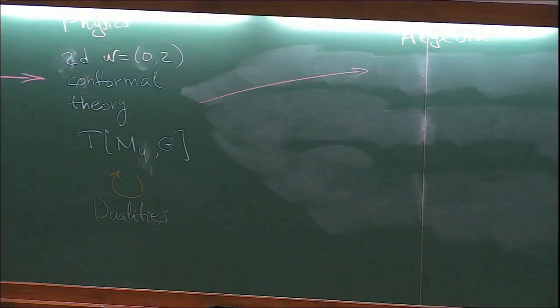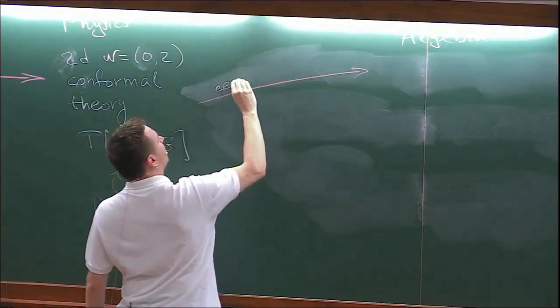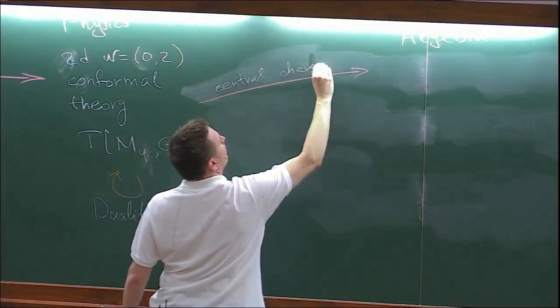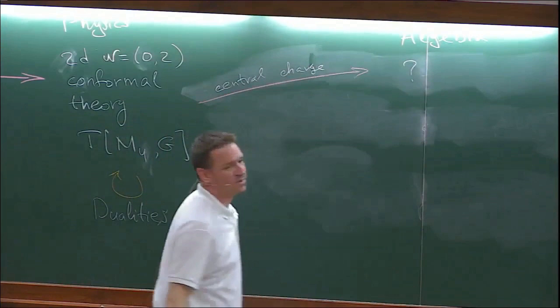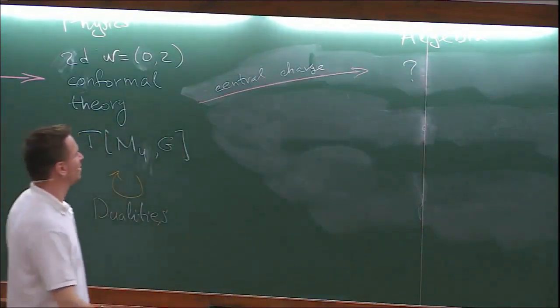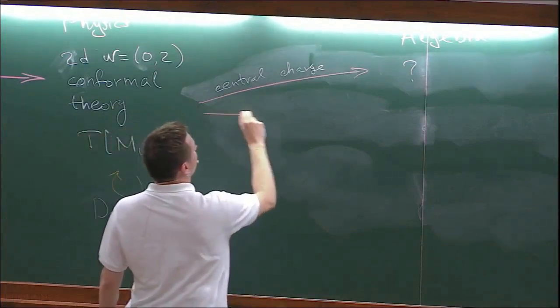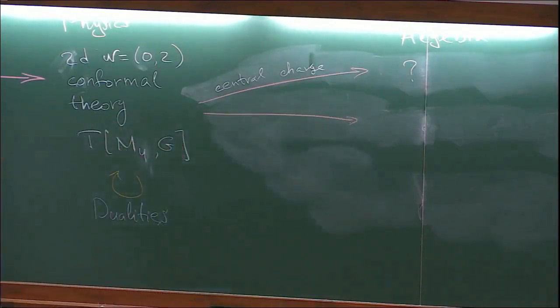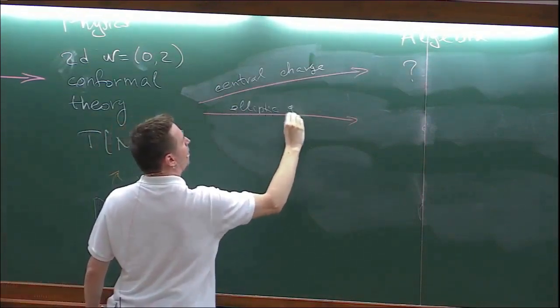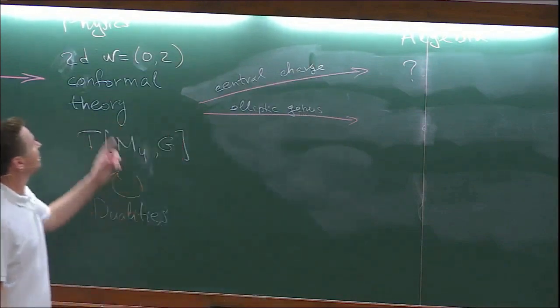So one simple question you can ask is, what is the central charge? If you have a conformal theory, that's one of the obvious questions. It's a number. So if it's a topological invariant, what kind of number is it? That's one obvious question. You can also compute the so-called elliptic genus of this (0,2) theory.